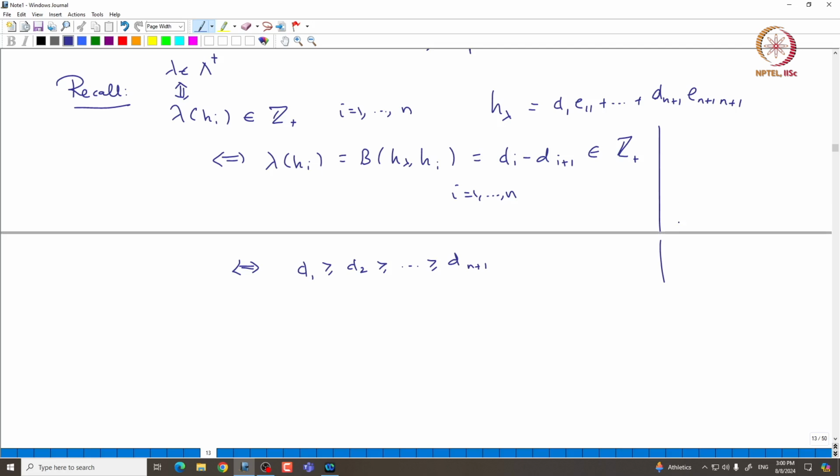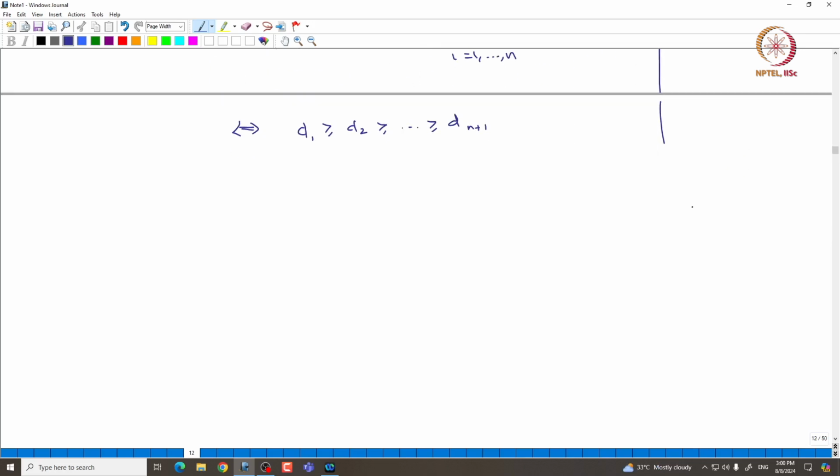Because the integrality is always there, we always assume that the coefficients we are getting are all integers. So, we are going to work with only integral combinations of the epsilon i's, nothing more. We take the Z span of epsilon 1 through epsilon n plus 1, and this is where we are doing the computation.